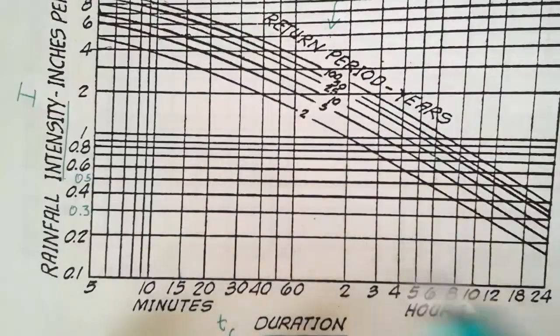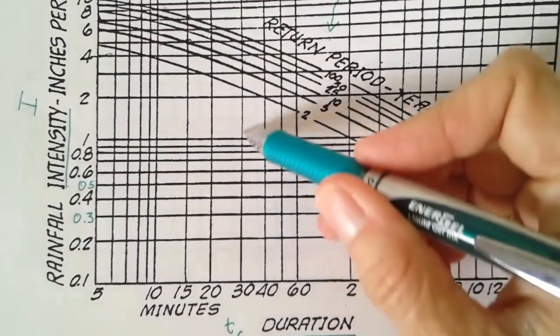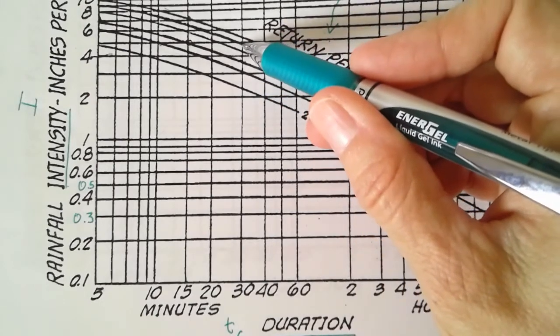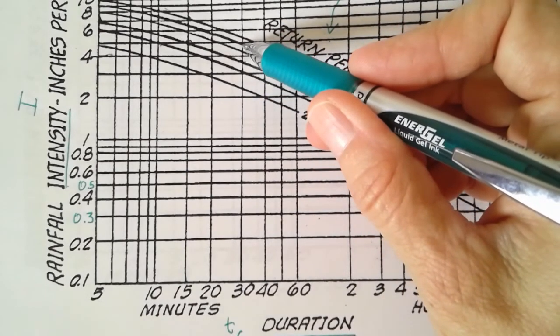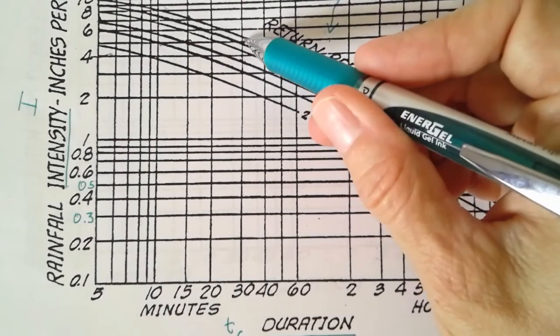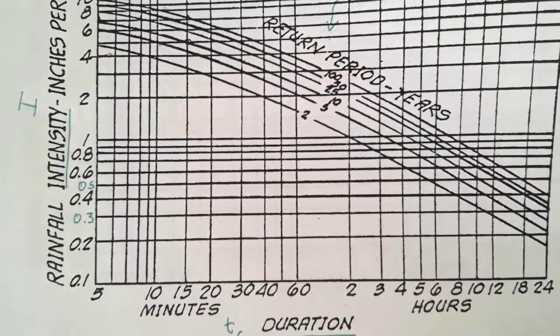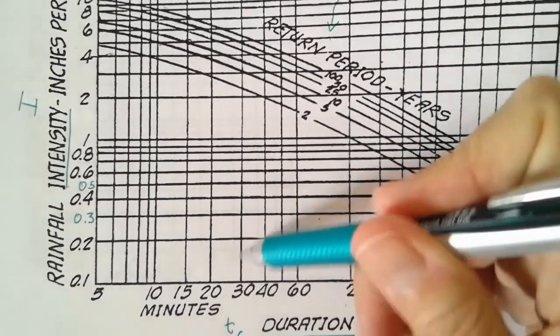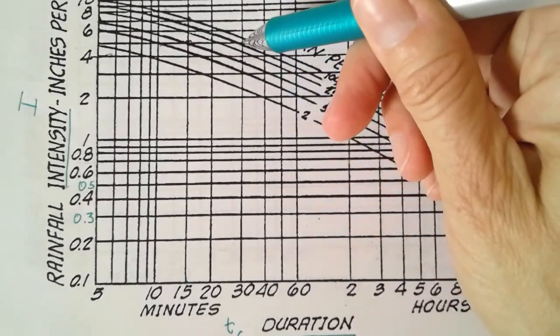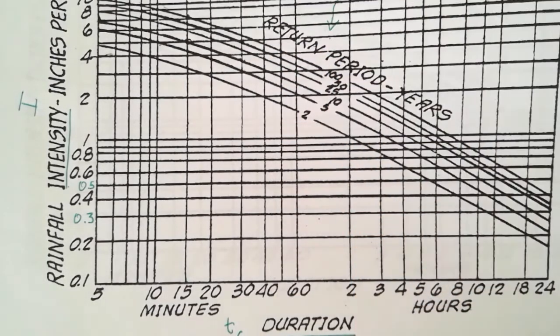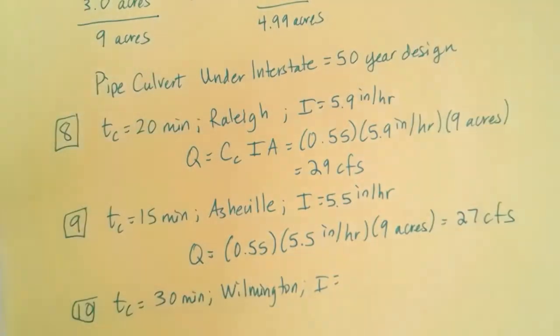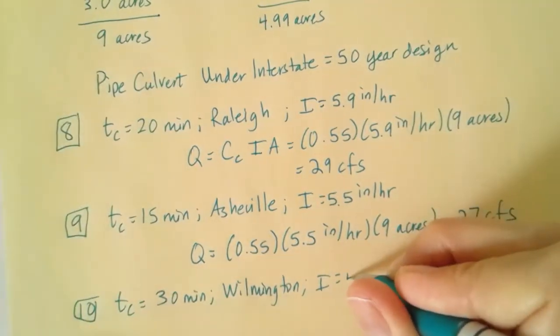So now we're at 30 minutes, and again that second bent line down here for Wilmington, and it looks like it's just about to the 5, so I'm going to call that 4.9 for that intensity for 30 minutes there. So 4.9 inches per hour.